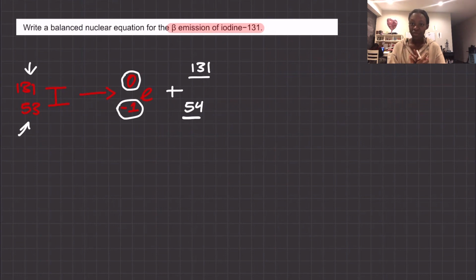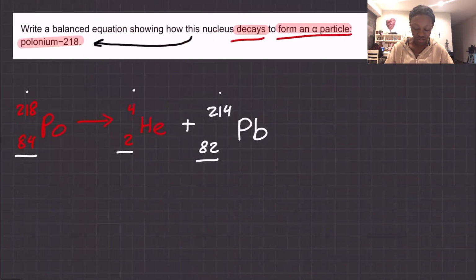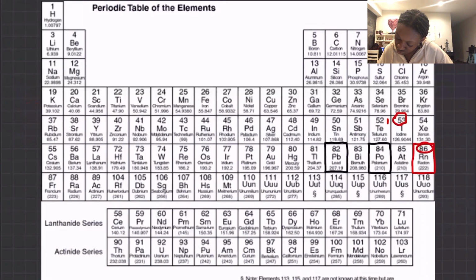When we go to the periodic table, we're looking at the atomic number only, since any isotope can have any mass number, but it's got to have a specific atomic number to show what element it belongs to. So I'm just gonna go to the periodic table, and we are right here. This element has an atomic number of 54.